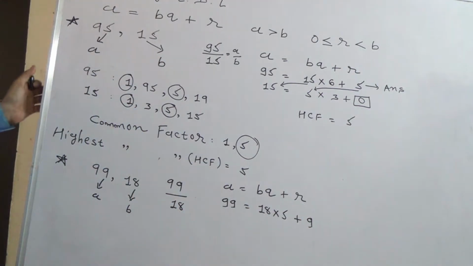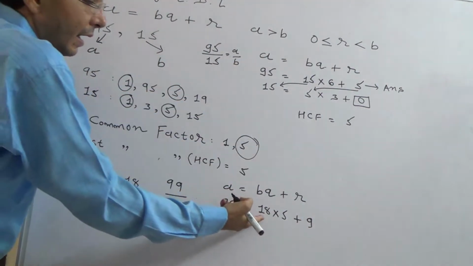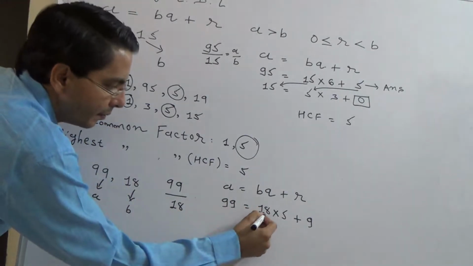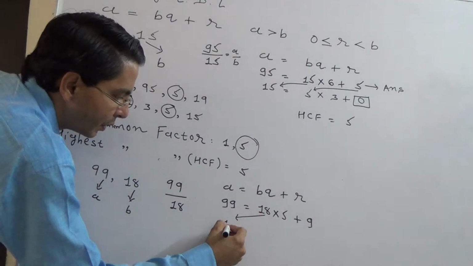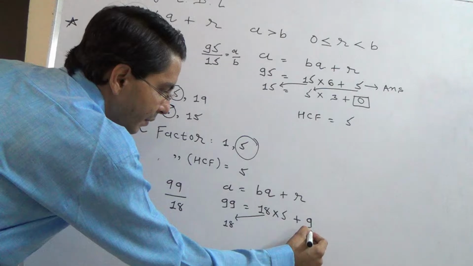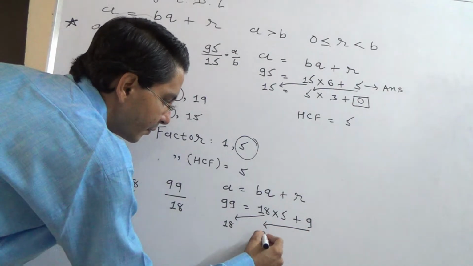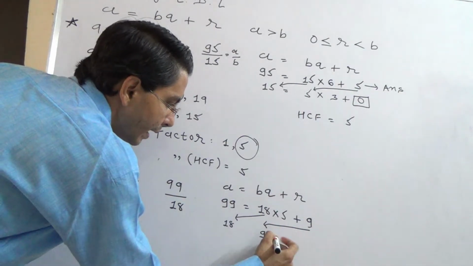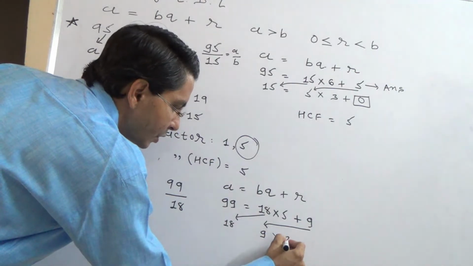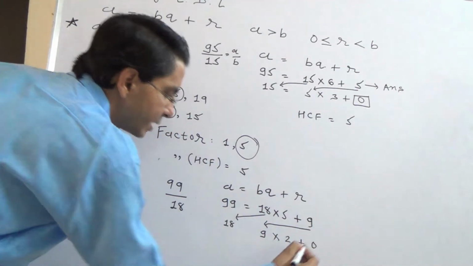As per our previous method, our B becomes our A, so here we put 18, and our R becomes our B. So 18 into 2 is 18 plus 0.